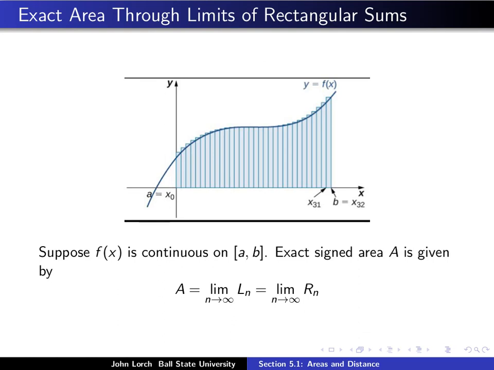It's important to notice that if we increase the number of rectangles, that is, if we have a lot of skinny rectangles, then the approximation of the area that we get by adding up the areas of those rectangles is closer to the actual area under the curve than if we had just a few rectangles.